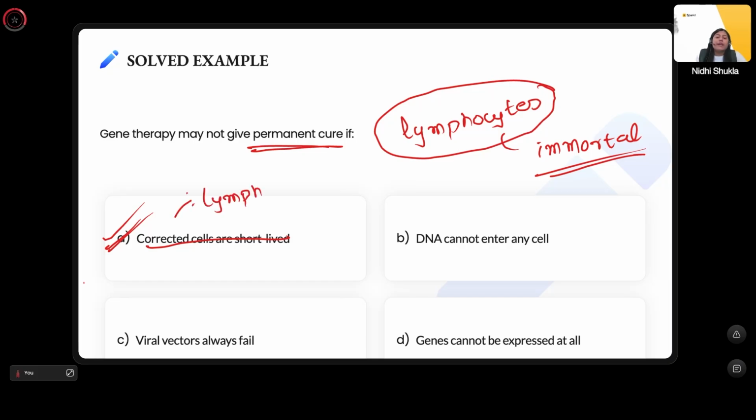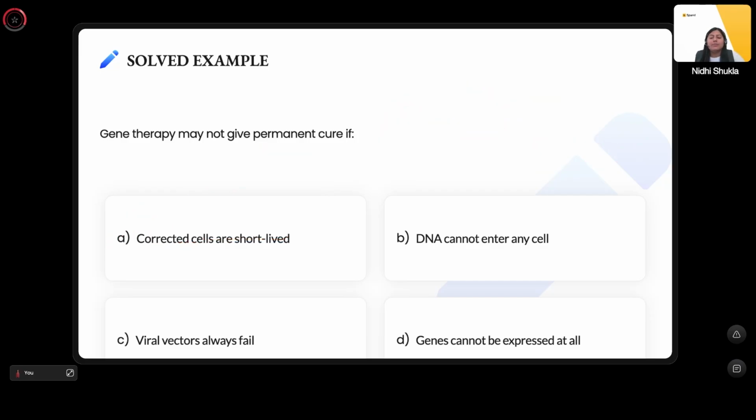These are lymphocytes, and they will die in a short period of time, and then you have to do gene therapy again. So the correct answer is A, because your corrected cells are short-lived, and these corrected cells are none other than lymphocytes.